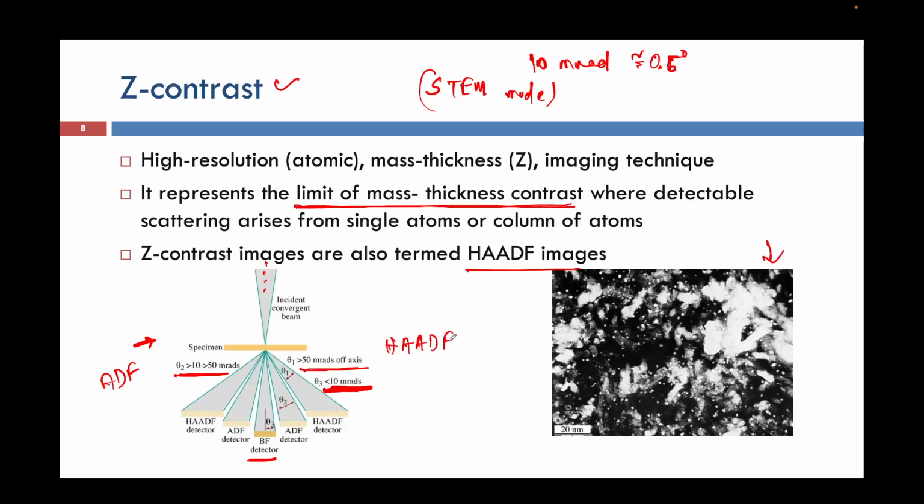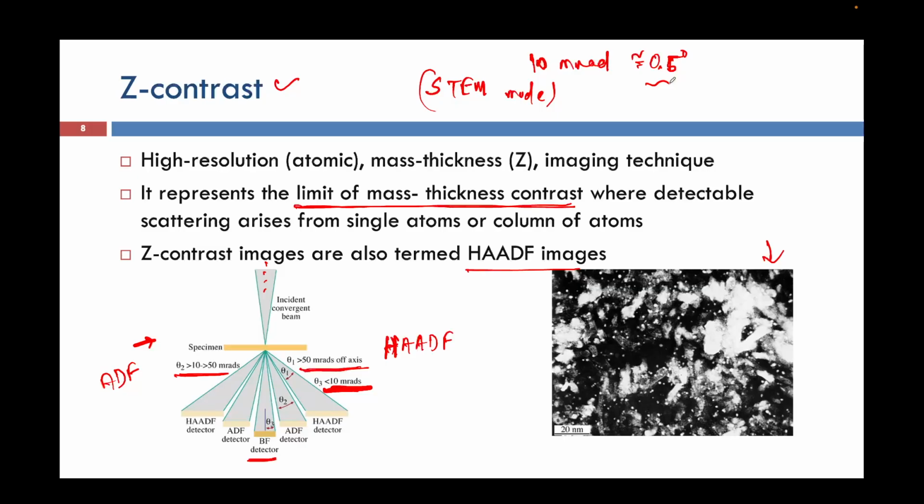So we are collecting all the beams which have been scattered by more than 50 milliradian. In terms of TEM, this is very high scattering, because normal scattering is always less than 1 degree or 0.5 degree. For the bright field image, the scattering is elastic, because it satisfies the Bragg diffraction condition.